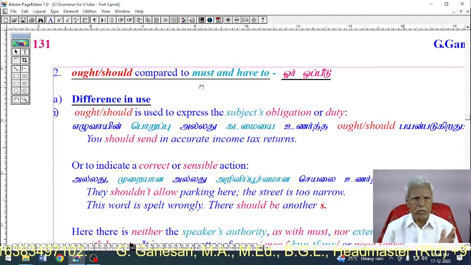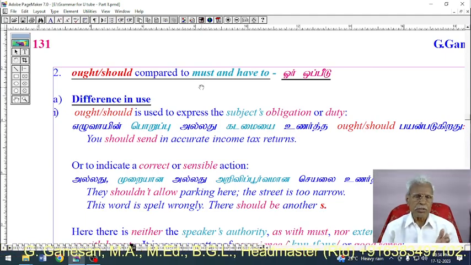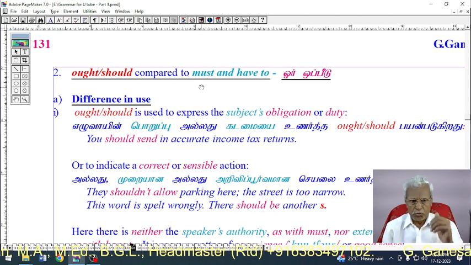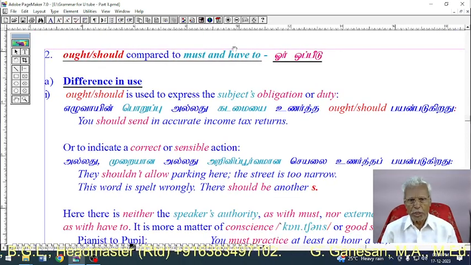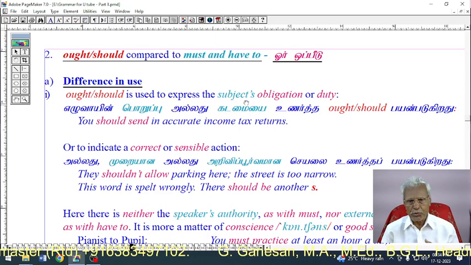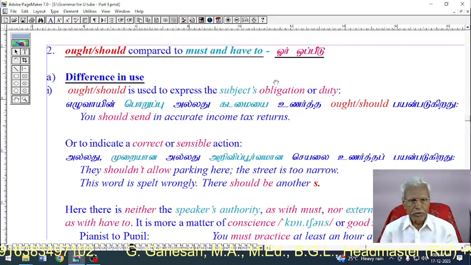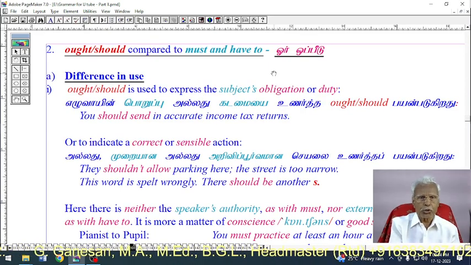Here ought or should is compared to must and have to. There is a comparison between ought or should and must or have to, a difference between these two expressions, should and must. Ought or should is used to express the subject's obligation or duty. This I already told you. What is the difference between should and must?